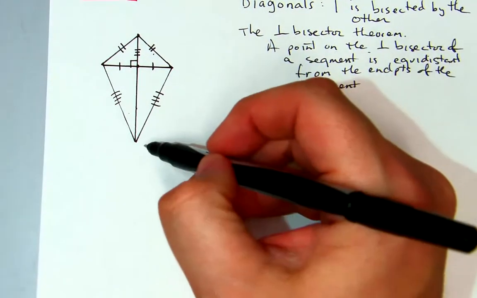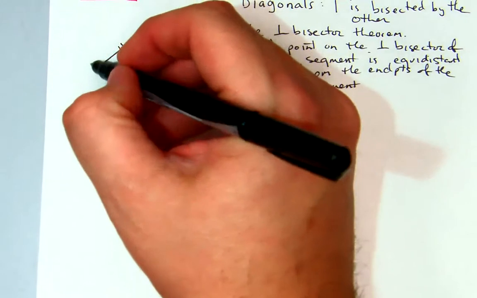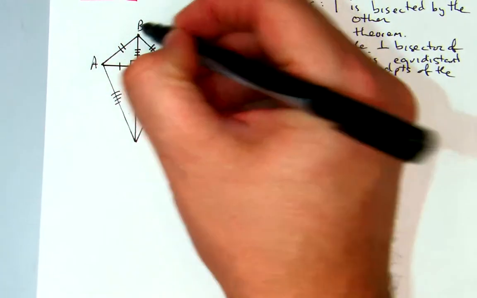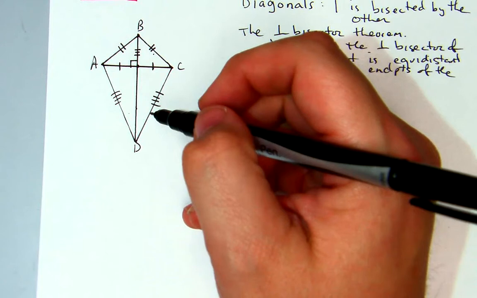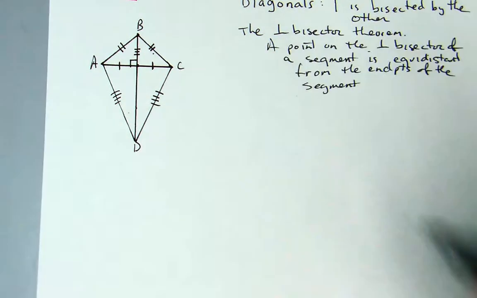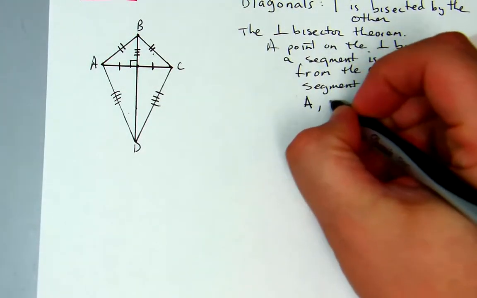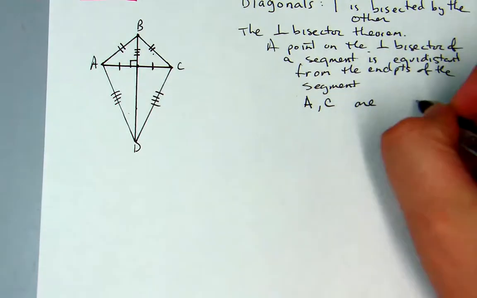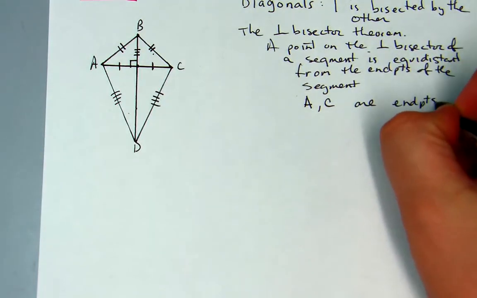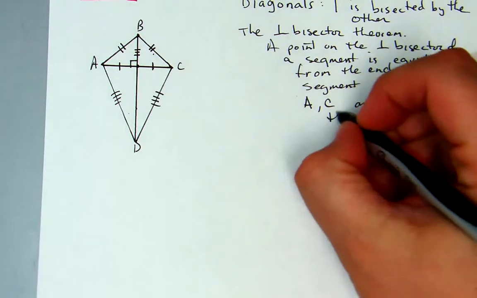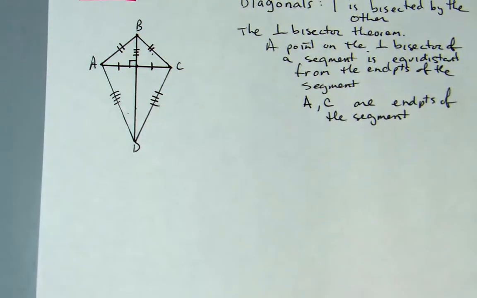That's saying that if this is the endpoint, I'll call that A, that's B, that's C, and that's D. Points A and C are the endpoints of the segment that's perpendicularly bisected.